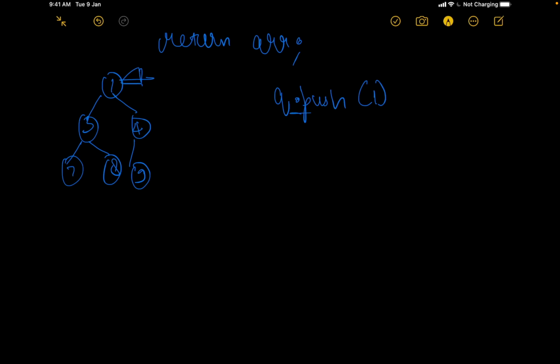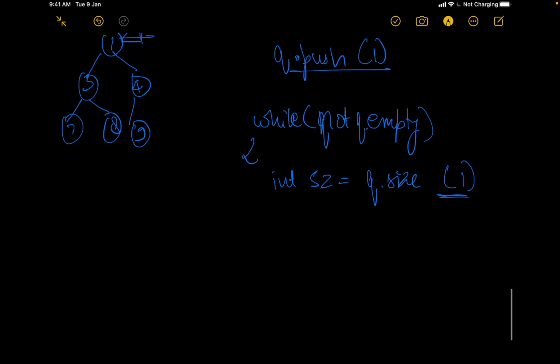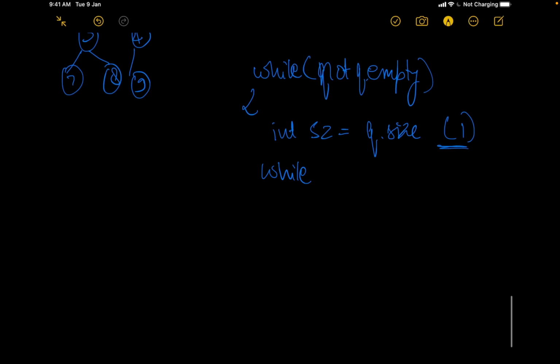So queue pushed 1, and then we'll start the loop, and we'll say till the time it's not empty. The size at the first iteration would be 1, so it's queue dot size. This is set as 1, right?